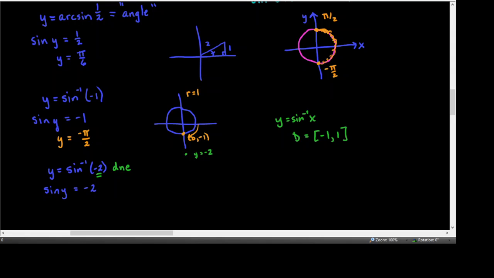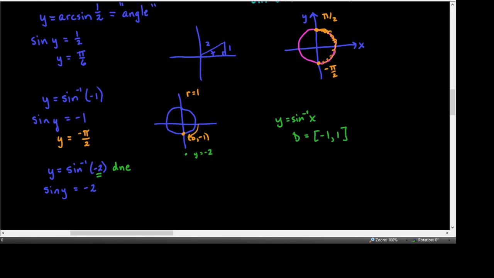So be careful that you know the ranges and domains, because if the input for sine inverse is not in the domain, -1 to 1, the answer won't exist. And then for the angle you're getting, it has to be in the range from -pi over 2 to pi over 2. So lots of stuff to keep track of here.